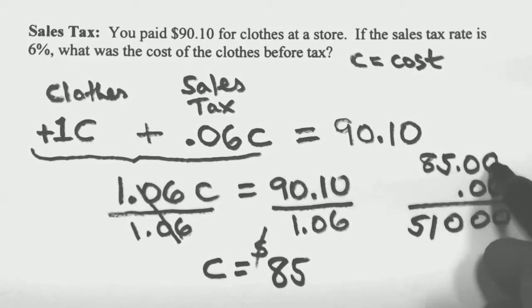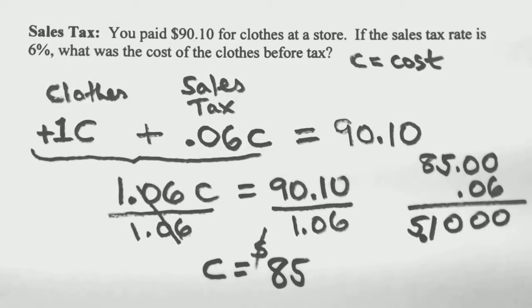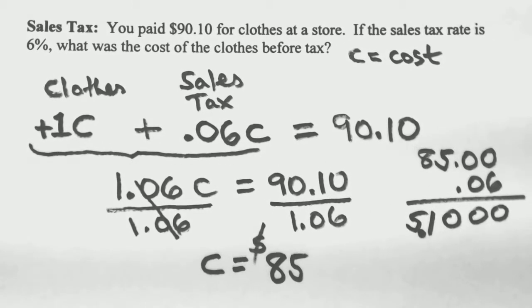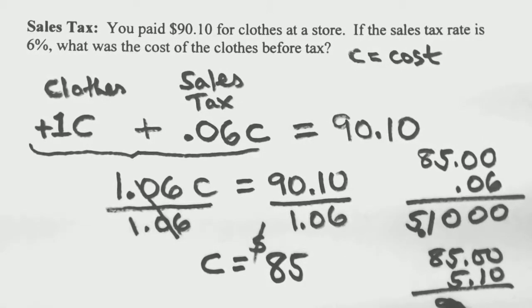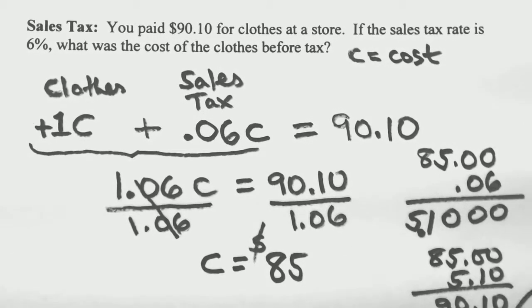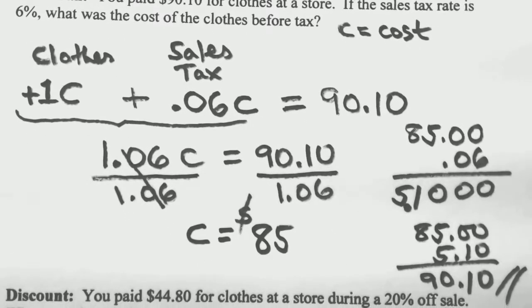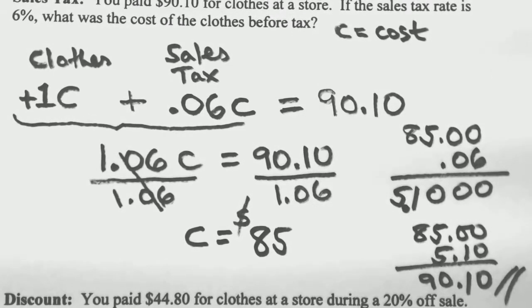And we got 1, 2, 3, 4 decimal places. So the tax is $5.10 on $85. Well, if you take $85 and add $5.10 to it, you get $90.10 right on the button. That's exactly what the cost of the clothes was. So you can prove that this is correct.